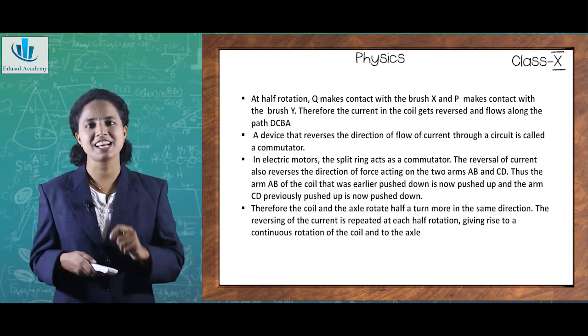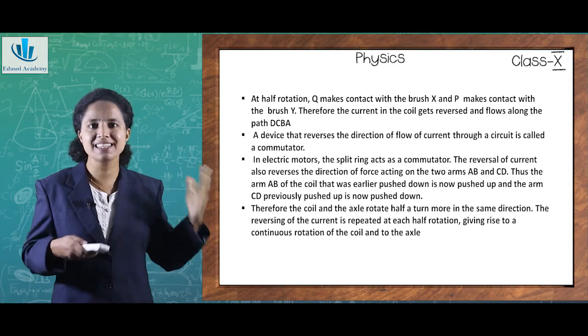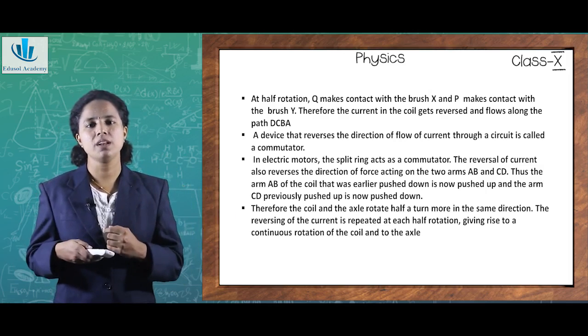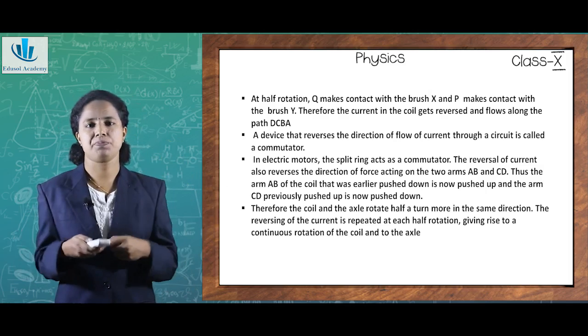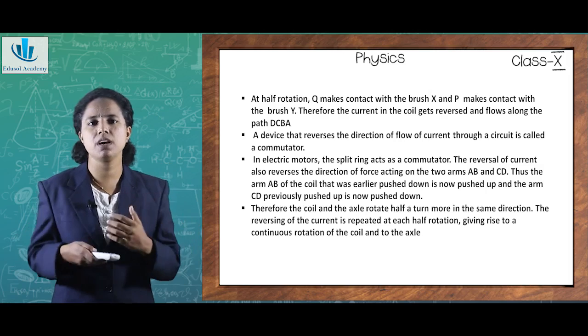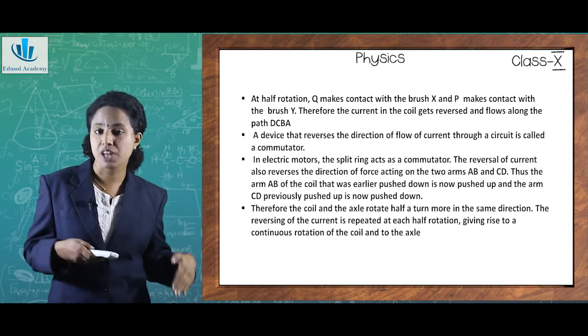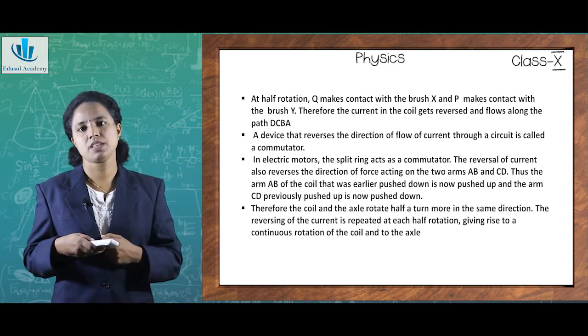And where is this force acting? It acts on the two arms AB and CD, isn't it? Thus, the arm AB of the coil that was earlier pushed down is now pushed up. And what happens to the arm CD? The arm CD will now be pushed down instead of the previously pushed up situation.